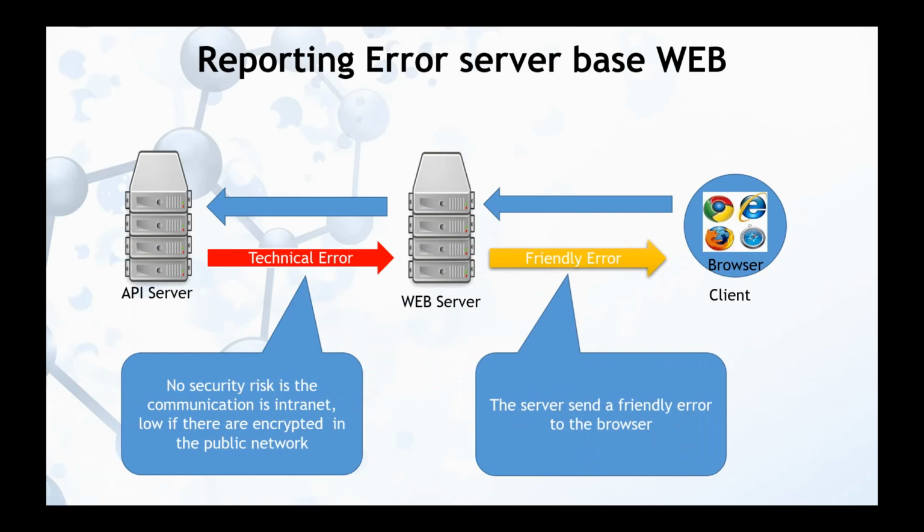In this type of environment, you don't need to limit the quantity of information that your API sends to the web server because the communication is only between servers, assuming your services are in the intranet or you are using an encrypted protocol.